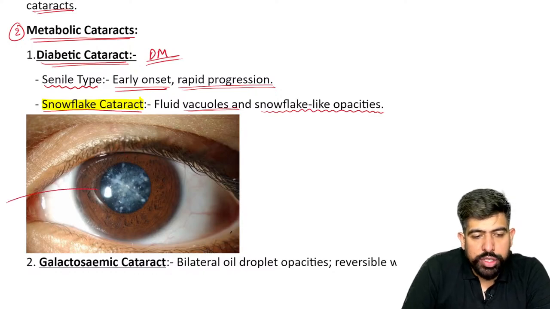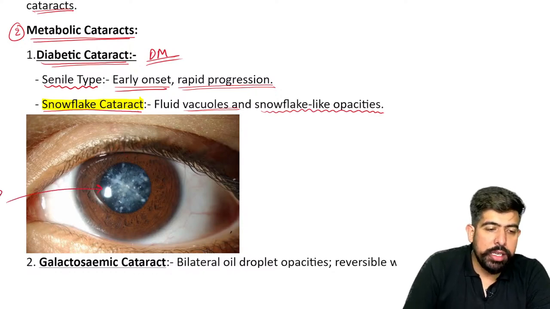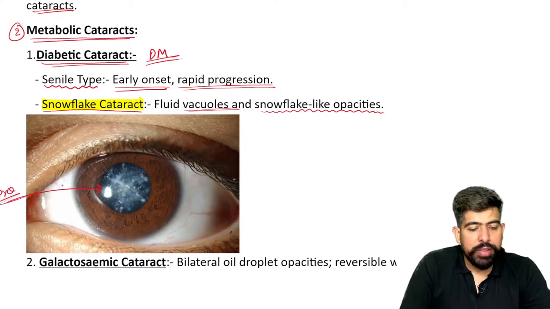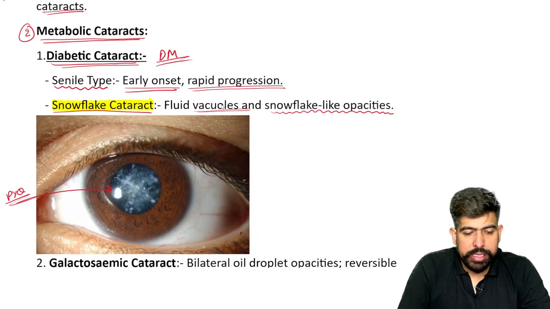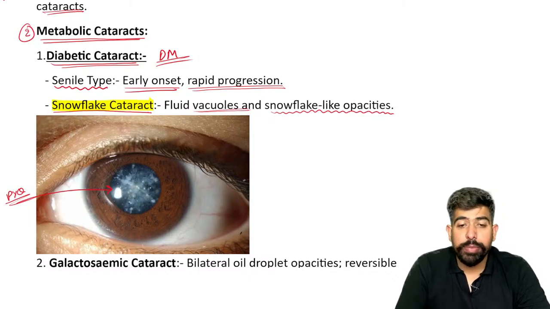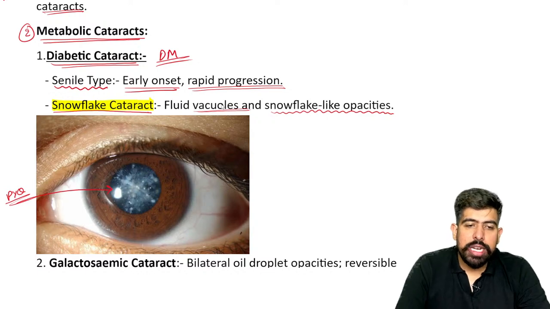And this is the image which was previously asked in the exam. So it is a PYQ: this image was asked in the exam, asking which type of cataract it is and due to which metabolic condition it is seen. So please remember, this is seen in diabetic cataract.